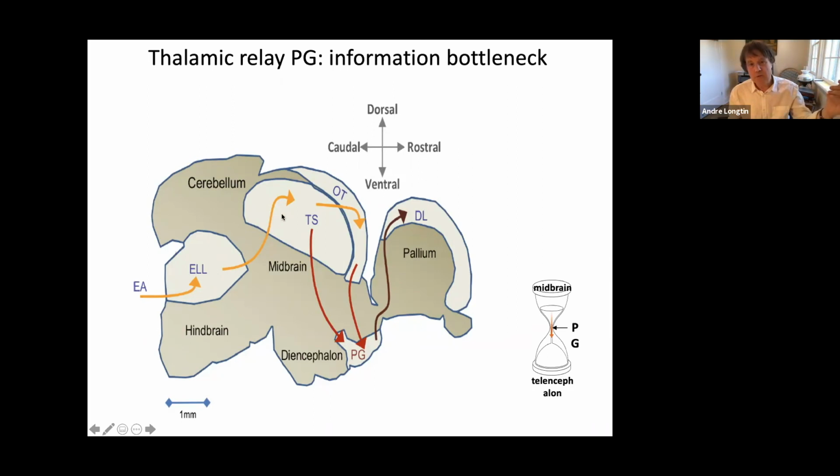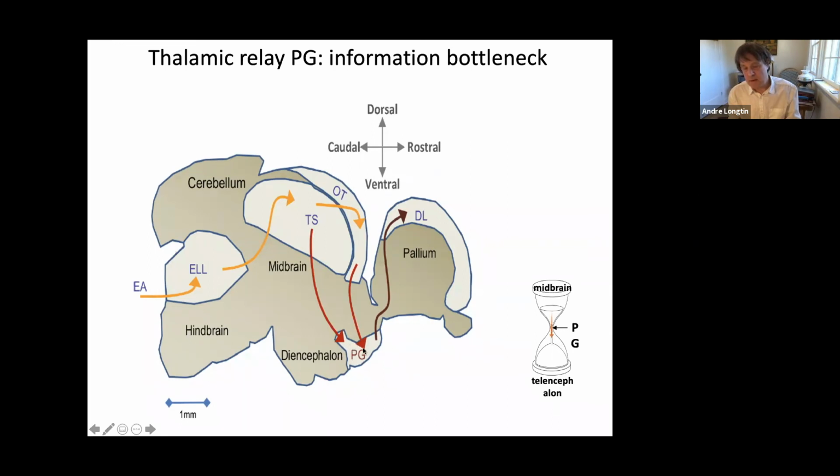But now we're going on further to the tectum, optic tectum, torus, which is inferior colliculus in mammals. And it all comes down to this structure here called PG, which is the gateway to the pallium. So from the midbrain, you go through this bottleneck into the telencephalon. And these are the cells that are crucially important.